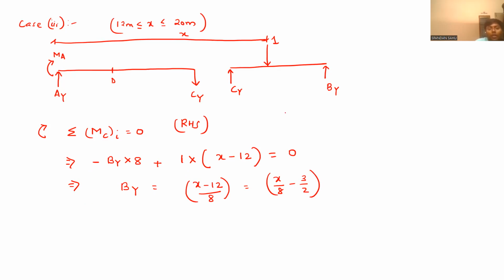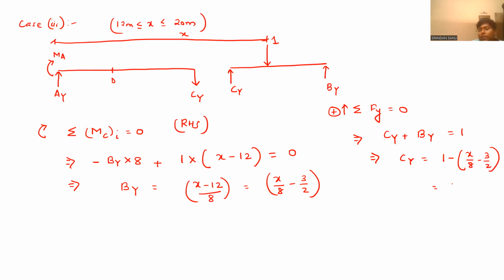Now, you do summation of forces along y direction, upward positive, equal to 0. So you will end up getting Cy plus By equal to 1. From here, Cy you will get 1 minus By. So 1 minus x by 8 minus 3 by 2.